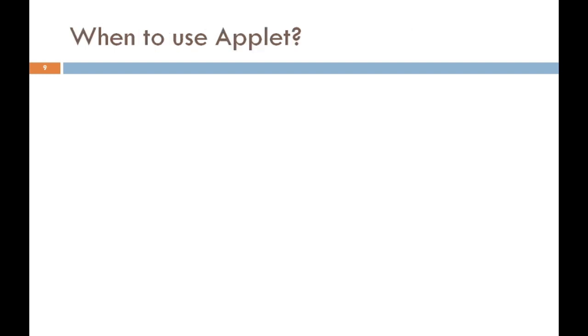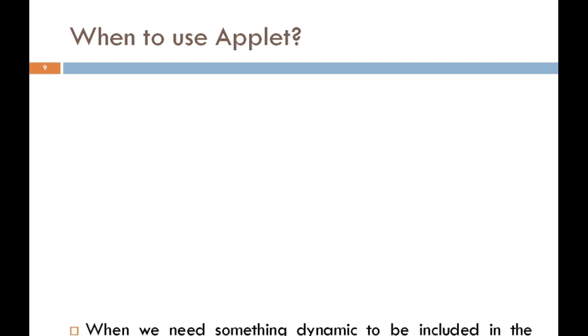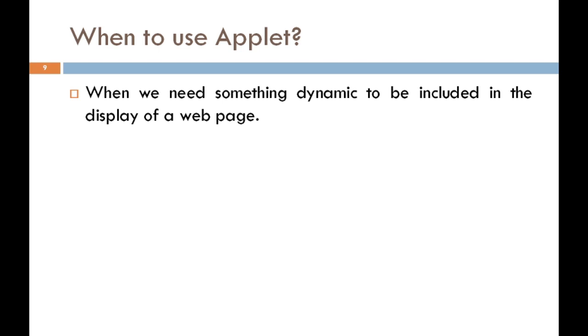Now we discuss when to use applet. That means the situations in which we use the applet. The first one is when we need something dynamic to be included in the display of web page. That means the page which contains web content. Then we use applet programming in Java. The second use is when we require some flash output.